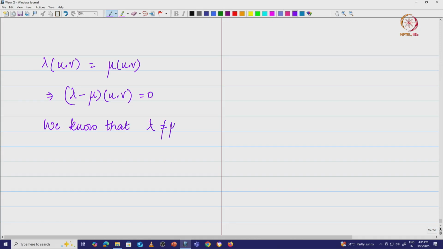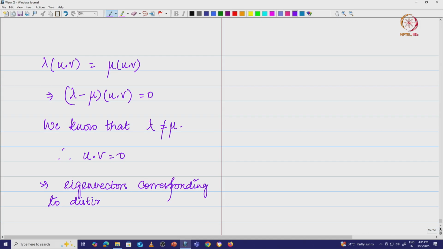Therefore, the only possibility is u dot v is equal to 0, which implies the eigenvectors corresponding to distinct eigenvalues of a real symmetric matrix are orthogonal.